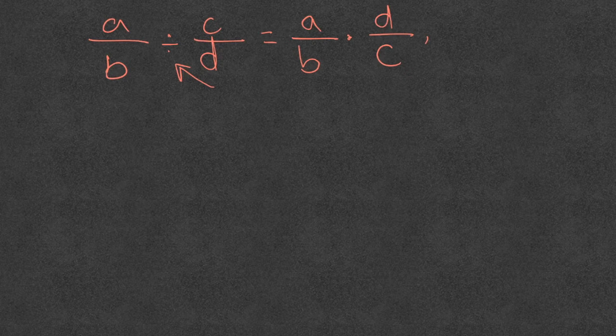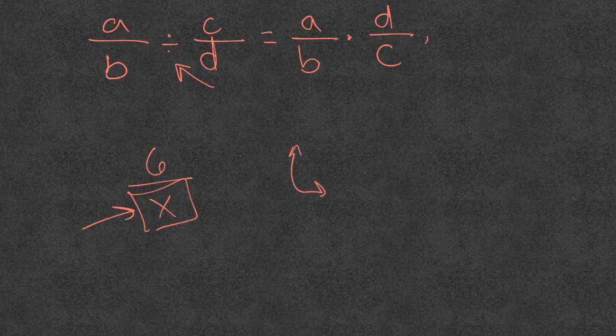However, there are some limitations. If you remember back to the beginning of the unit, when we had, say, 6 over x and we had to graph it, when x was 0, it was undefined and we had that asymptote and nothing crossed it.